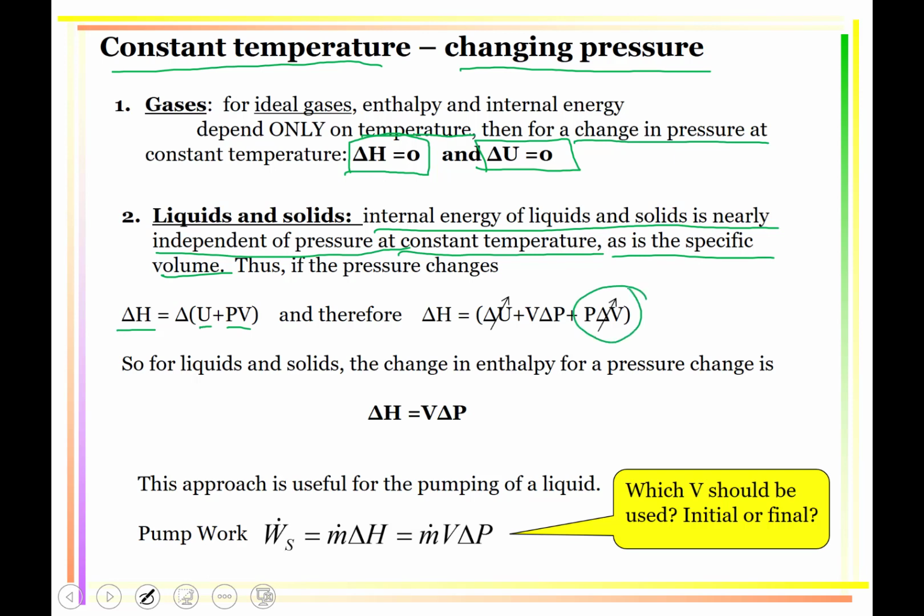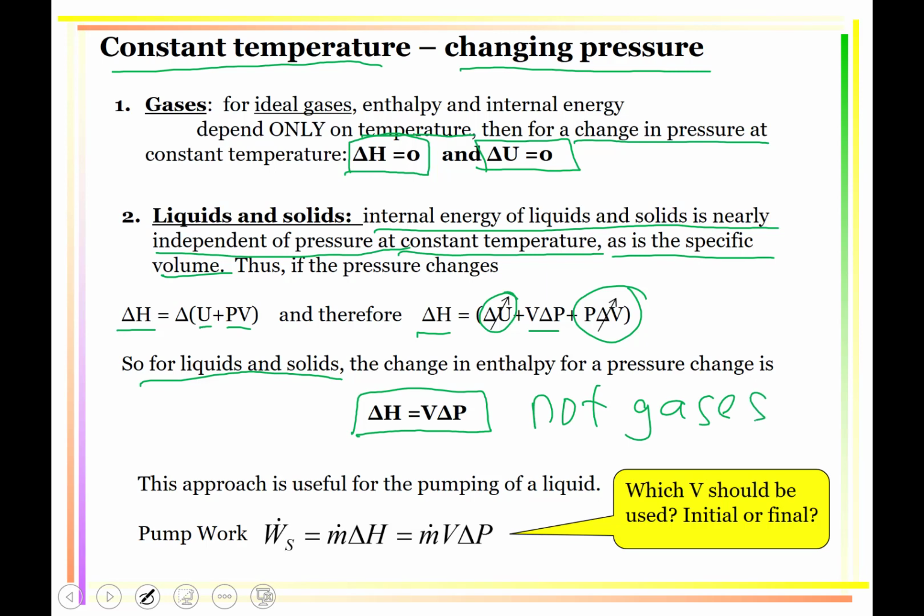If we have a constant internal energy when the pressure changes, this term will be 0. And we are left with delta H is equal to V delta P. So this is how we will calculate the enthalpy change for a process that has a constant temperature but a changing pressure. And specifically, we do that for liquids and solids, not gases.